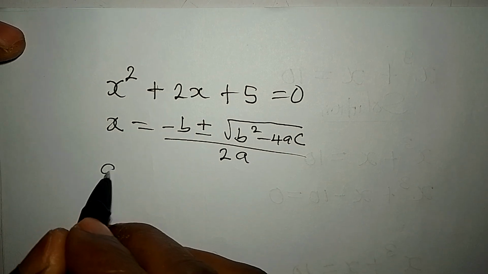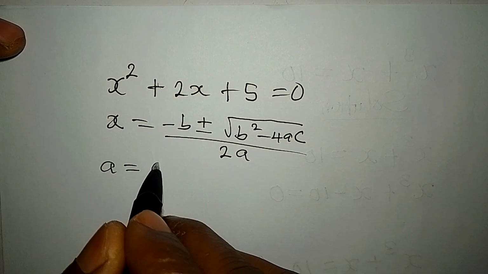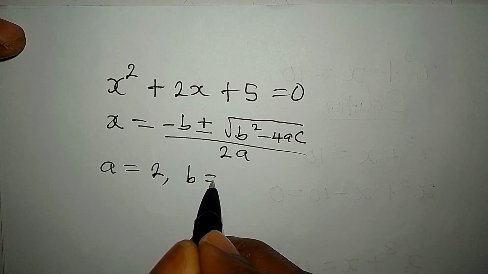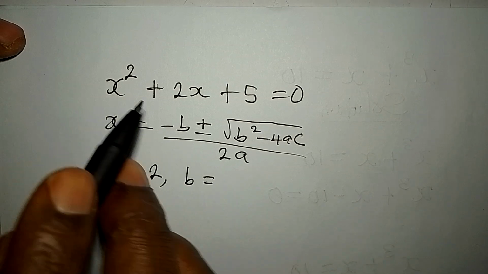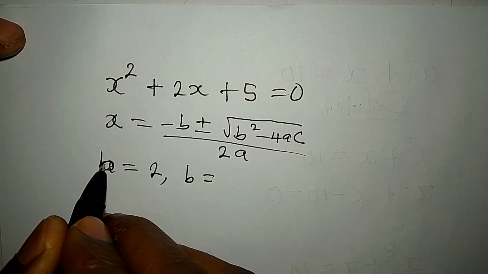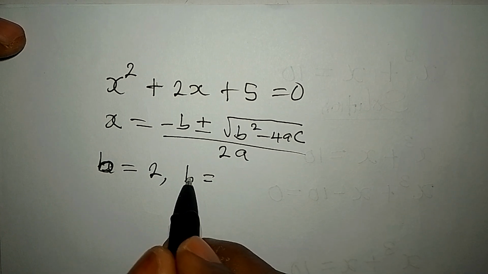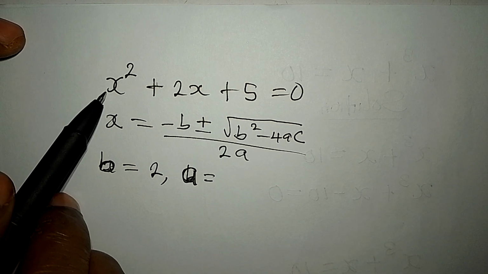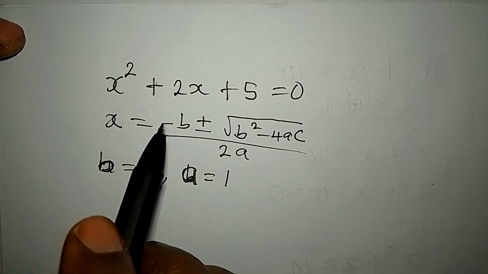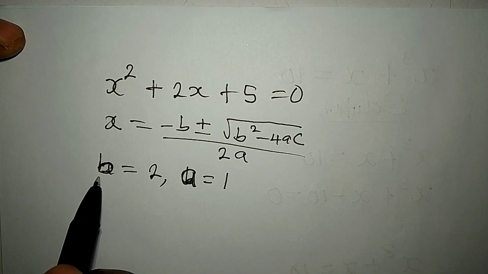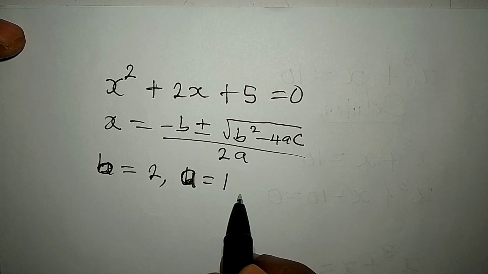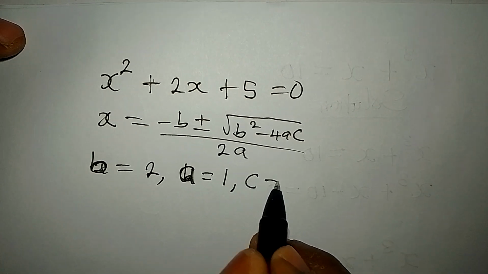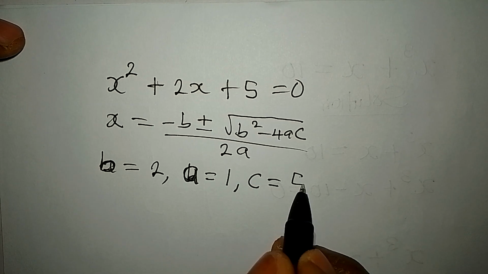Now, what is our a? Our a is 1 because a is the coefficient of x squared. b is the coefficient of x and it's 2. And then our c is the constant and it is 5.